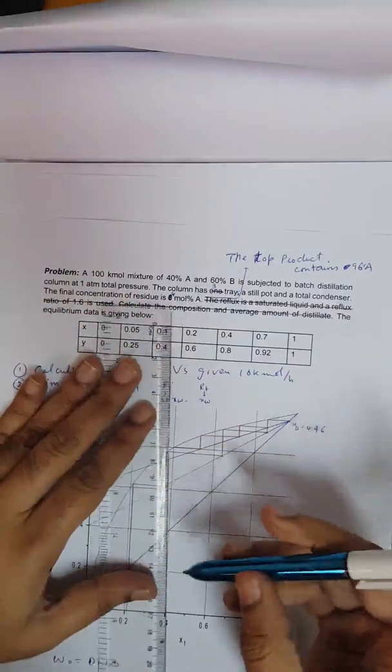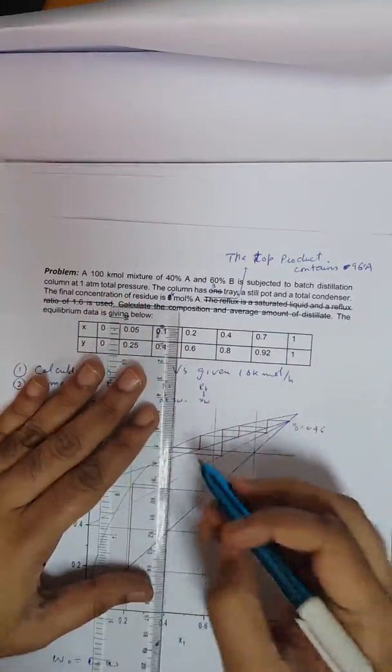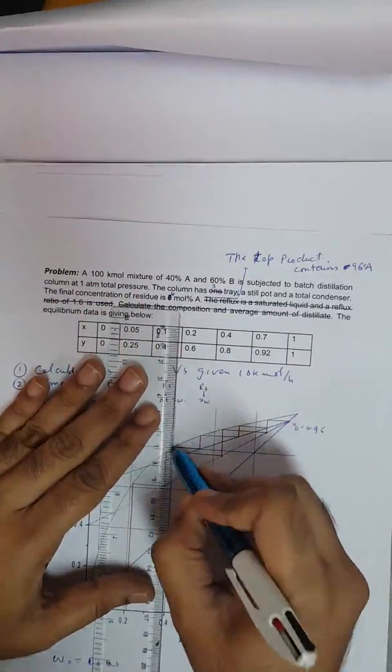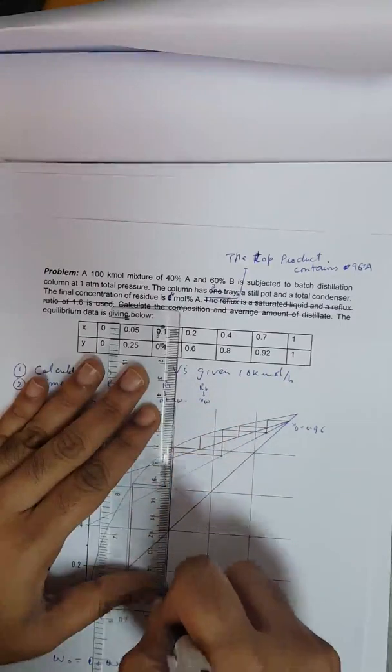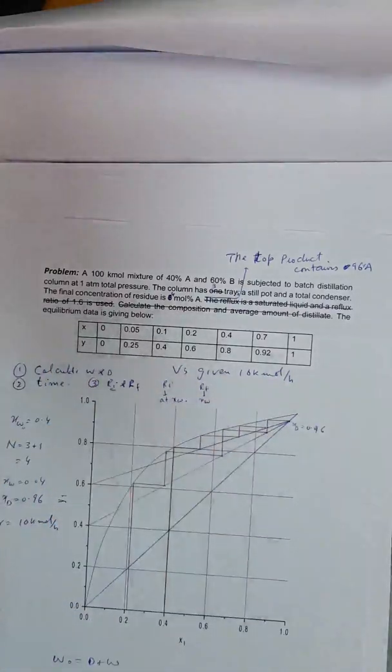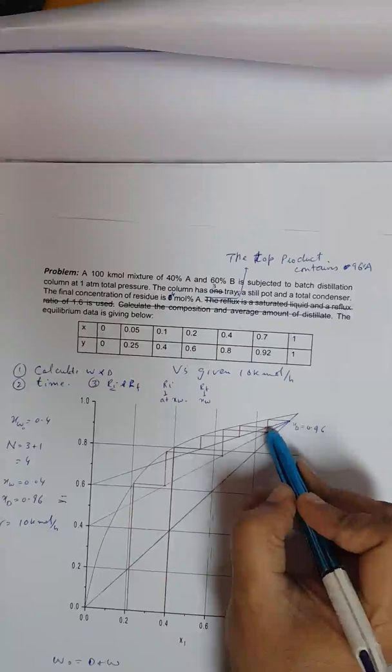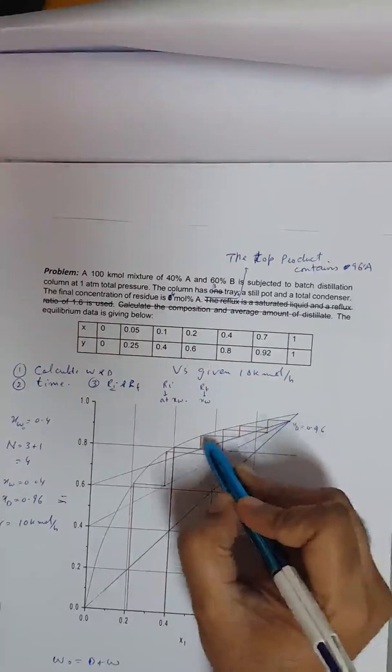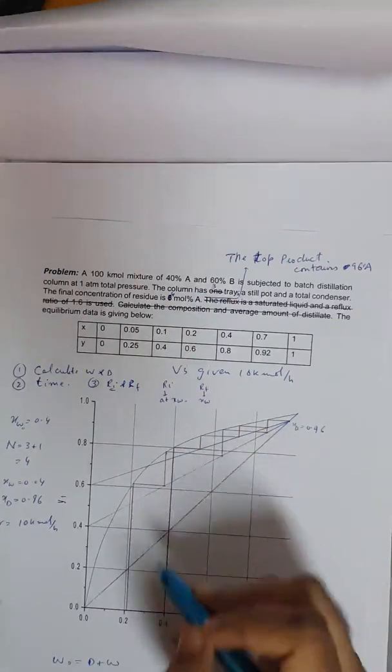So you see exactly 0.4. At 0.6 I got exactly 0.4, which is our value. So 1 stage, 2 stage, 3 stage, 4, exactly.